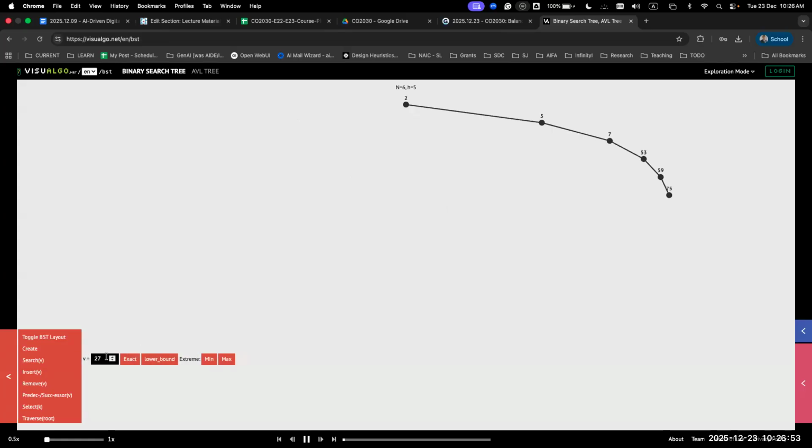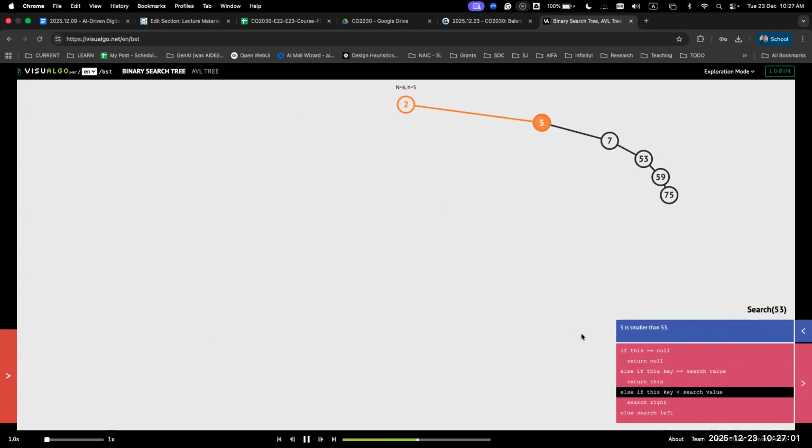What happens if I want to search for a number like 53? Right, so an algorithm for searching, it works and it shows in simulation how the search works going through the algorithm.